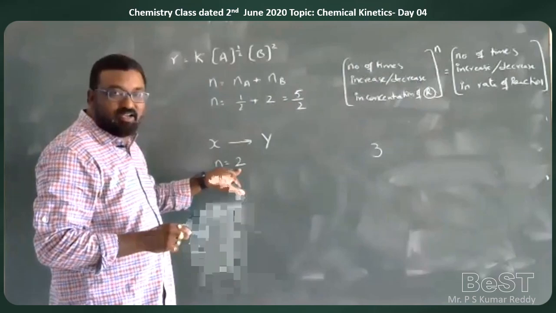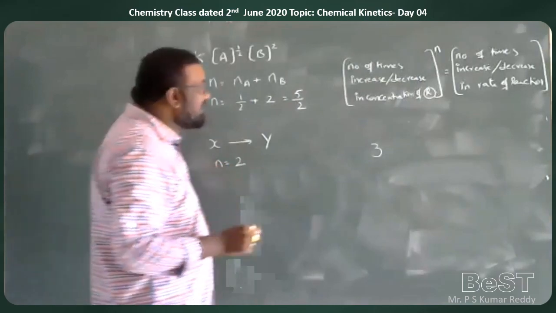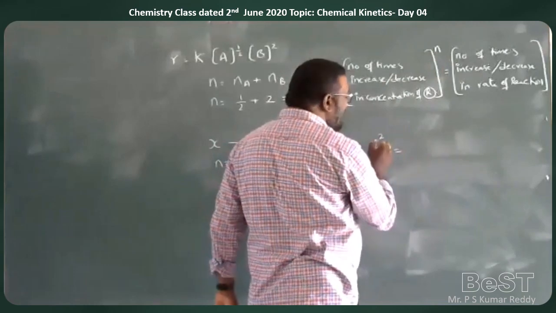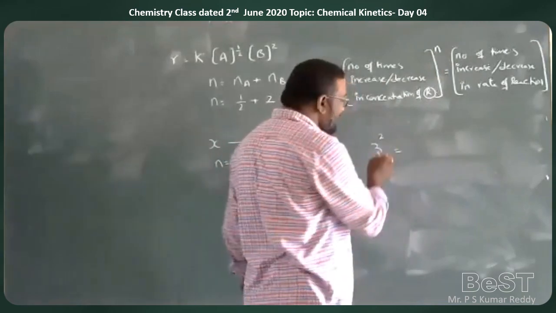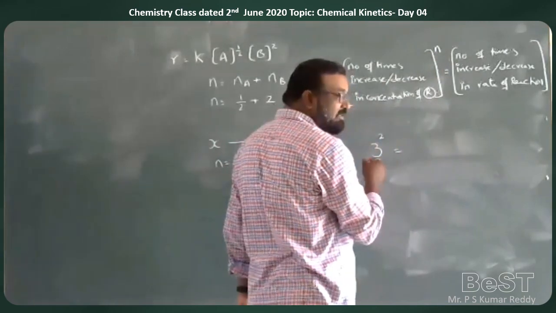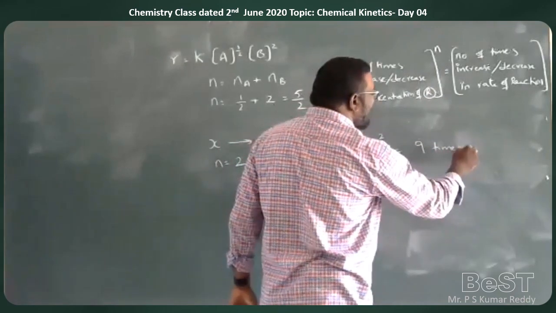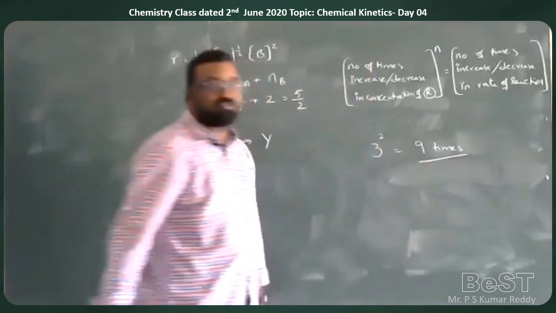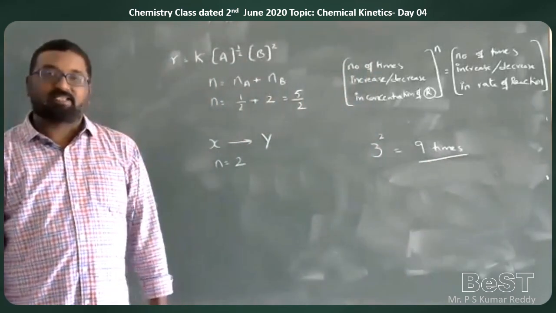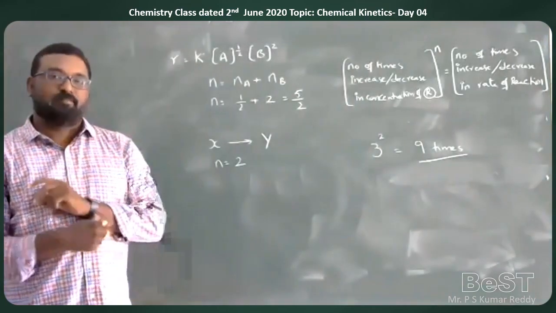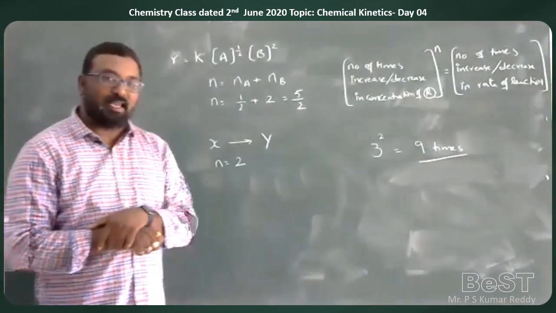It is a second order kinetics, so n is equal to 2. So 3 to the power of 2, that is 3 into 3, is 9 times. The rate of the reaction will be increased by 9 times.